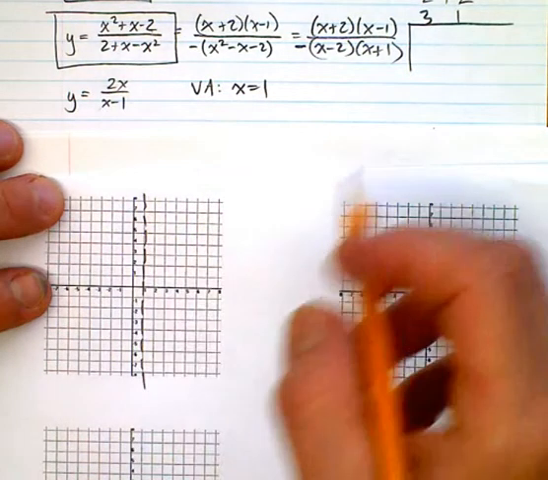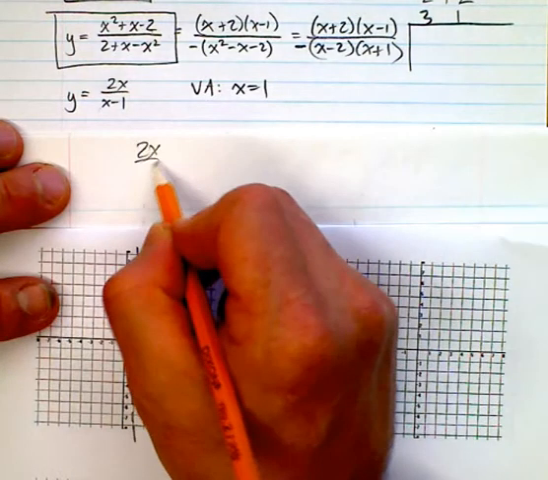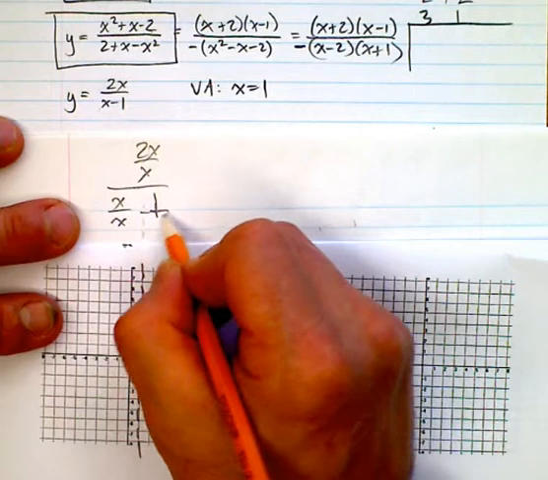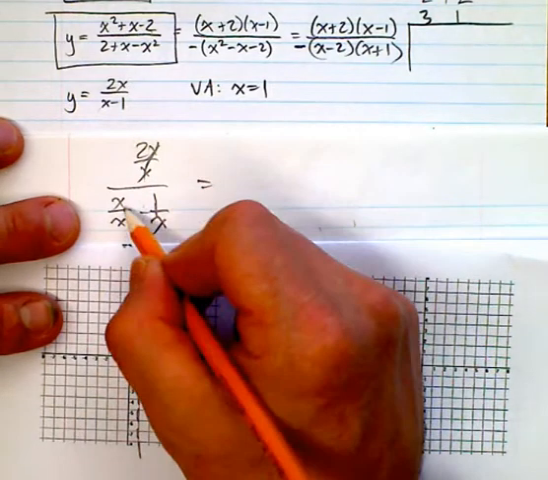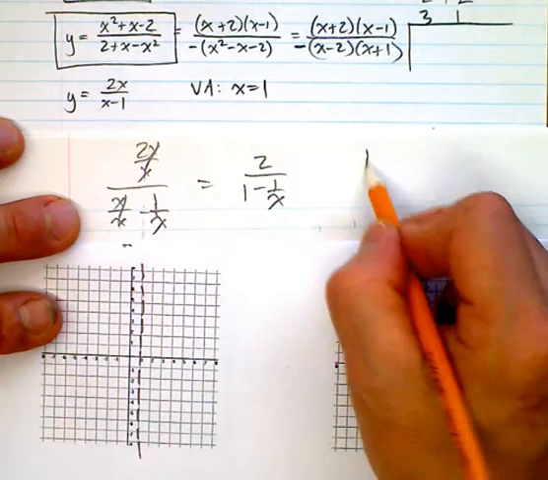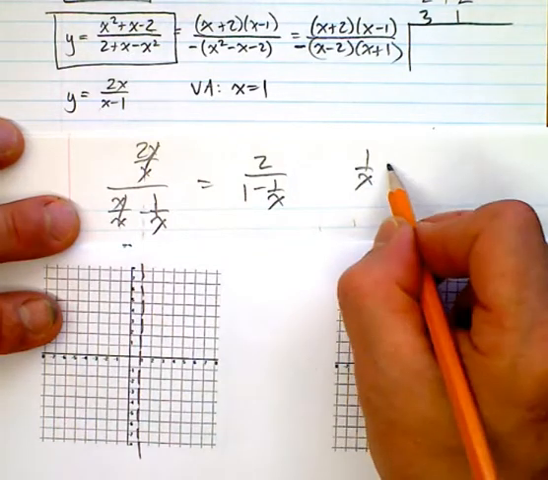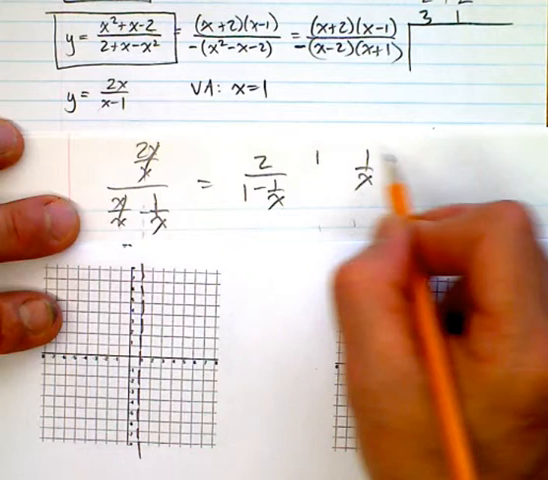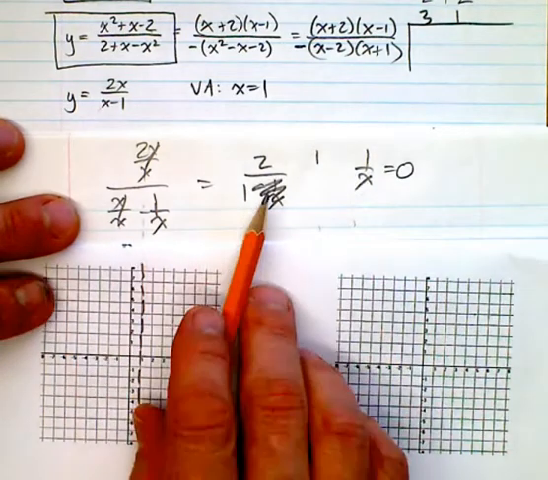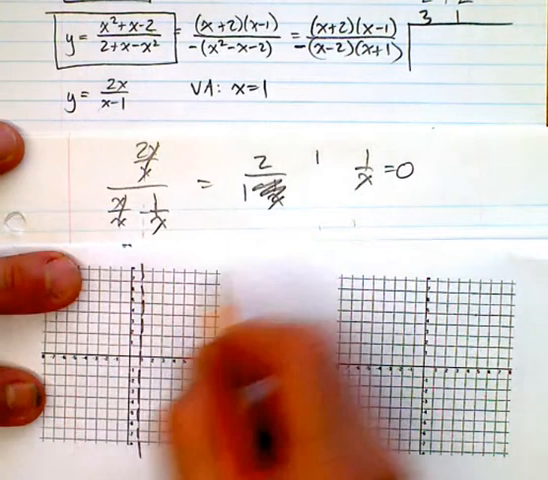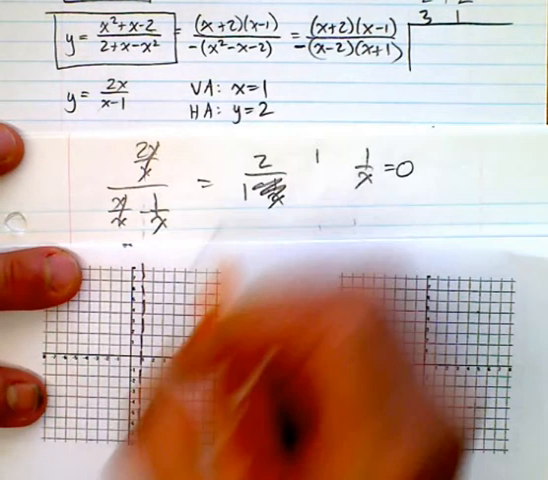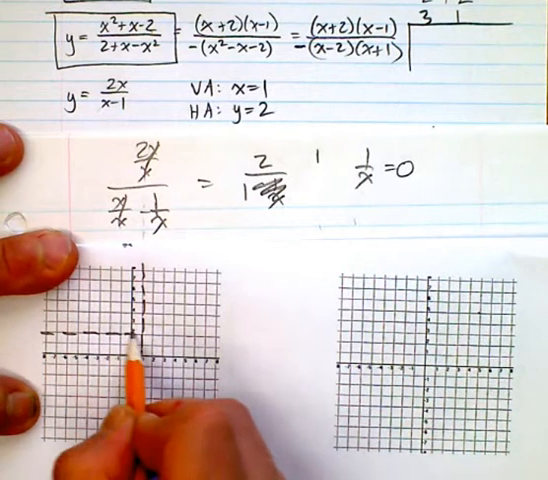If you wanted to simply divide everything by x, right, then you'd see you end up with 2 over 1 minus 1 over x, and the idea is that 1 over x, right, as x approaches infinity, is essentially 0. So you get a horizontal asymptote at 2. So my horizontal asymptote is at y equals 2. So I have a horizontal asymptote right there.